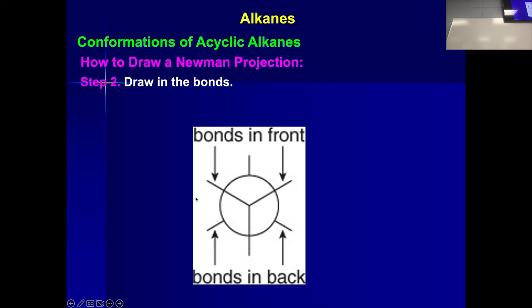This is connected to what? The front one. Notice it crosses the circle, but it's not bound to it. So these go only to the front carbon. And why don't I draw the bond between the front carbon and the back carbon? Because when I look down it, I can't see it, can I? Right? When I look straight down that, that's what I see.